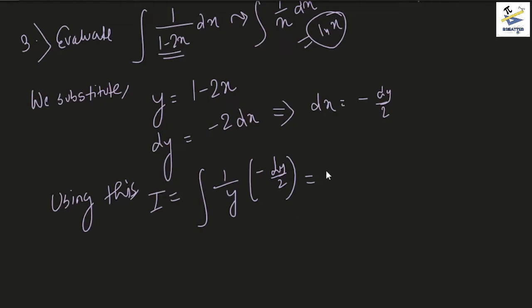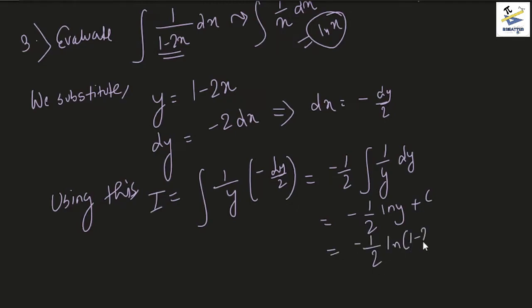And so the constant minus 1 by 2 comes out, and we have 1 by y dy. Now this would give us minus 1 by 2 ln of y plus c, and it's time to put back what we have substituted, which gives us minus 1 by 2 ln of (1 minus 2x) plus c.